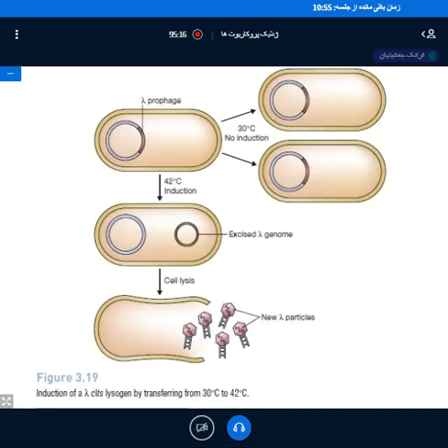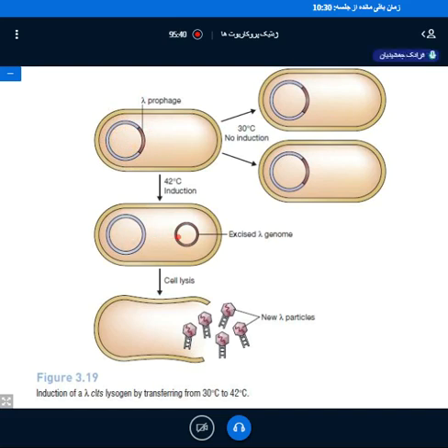Listen to me. We want to extract the phage. As I told you before, we have lysogenic phages and we have lytic.